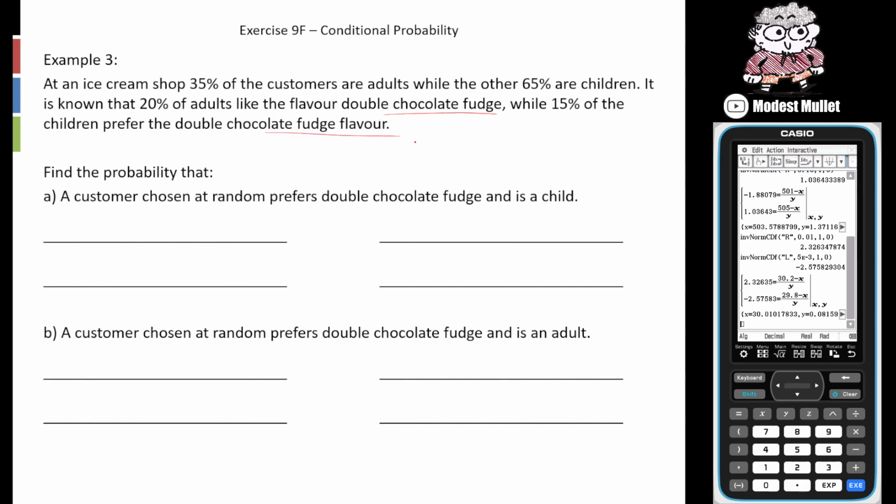So let's give some notation. We're going to say A is a person being an adult, C is a person being a child, and F is they like the double choc fudge.